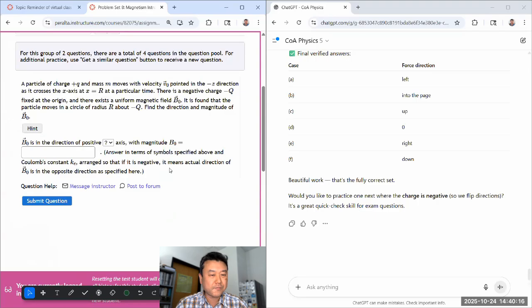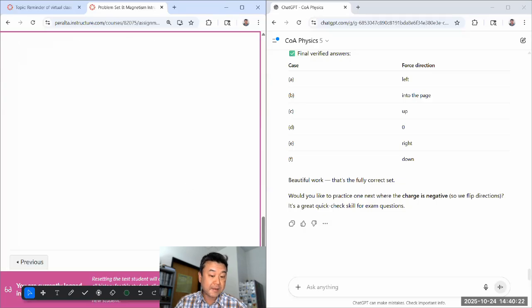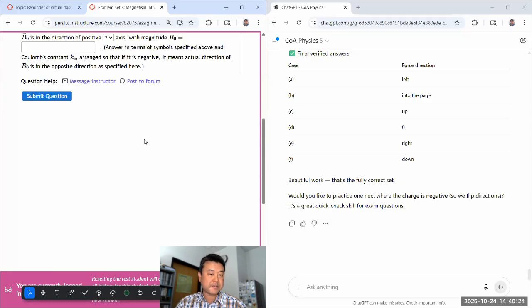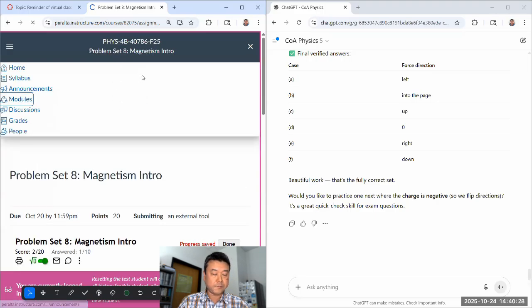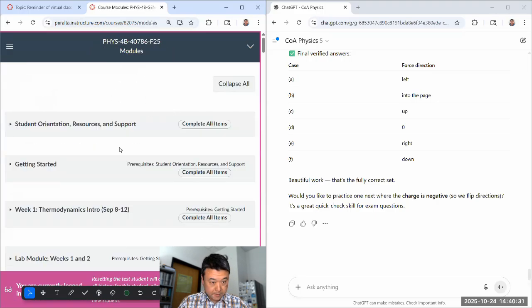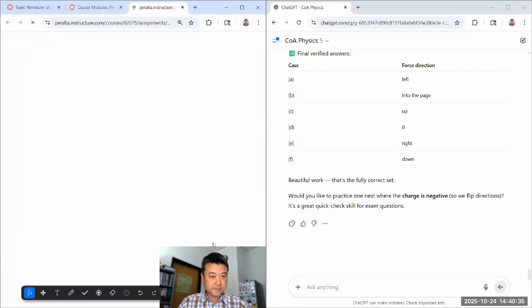So I think it's going to do fine. I think this is good for problem set 8. Let me just pick one question from problem set 9 and do that and wrap up this session. I think I cleared most of the stuff. Need to clear that.